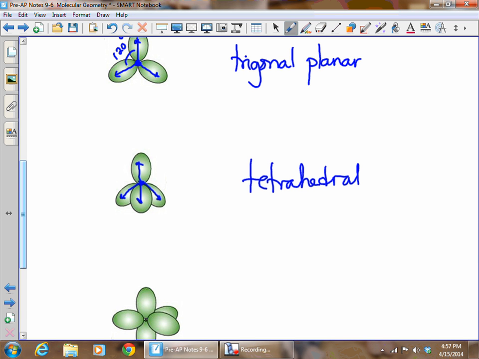But you can still see what's going on here. You have a central one sticking straight up in the plane of the board. You have the 3 down at the bottom in a tripod shape. They should all be equidistant from each other. All of these are 109.5 degree bond angles. No matter how you turn this molecule, it's going to look the same.